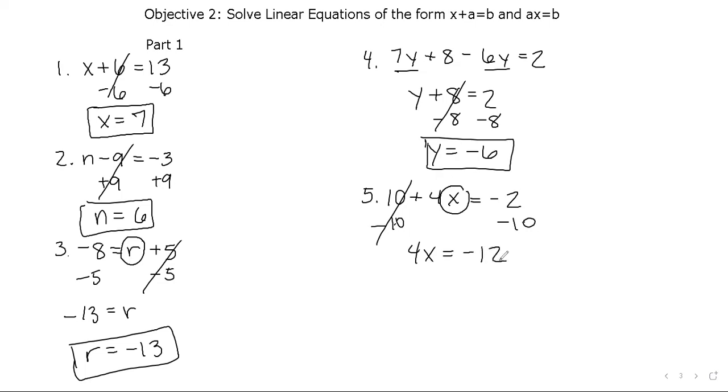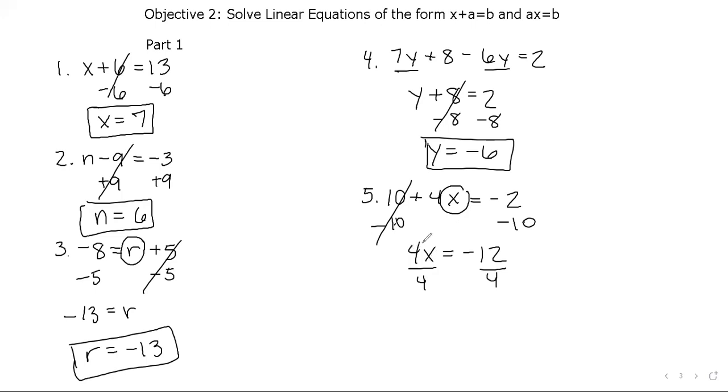is going to be negative 12. Now from here, this is going to take us into our second part, the ax equals b. What we need to do is divide both sides by 4. Why divide? Because the 4 is being multiplied with the x. So the opposite of multiplication is going to be division.